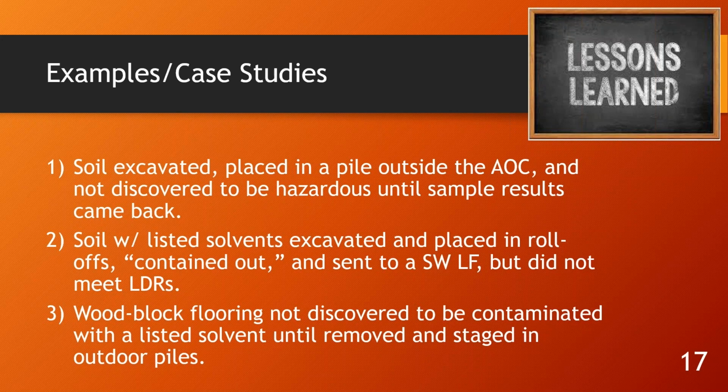And this can sometimes be a judgment call, but clearly you have two separate phases, two separate materials that you're sampling. You as a generator have to characterize all the waste that you generate. So if you generate a liquid water, which may have some contamination, and you generate the sludge, then you can characterize them separately.